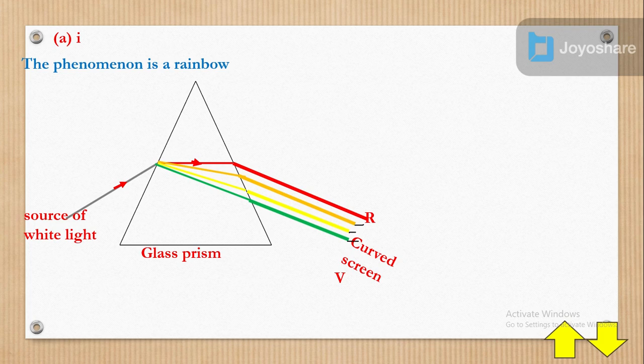Once they are incident here, they are refracted at this point. So refractions are 2, at this point and also at this point, for every color. When it is coming back into air, it is refracted towards the base. This is our base.